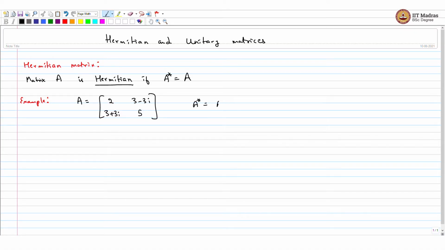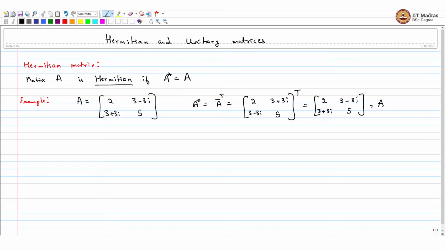A star is the conjugate transpose, which equals 2, 3 plus 3i, 3 minus 3i and 5. This is the conjugate, and then you have to take the transpose, and that turns out to be just A. You could do it the other way also: first take the transpose and then take the conjugate.